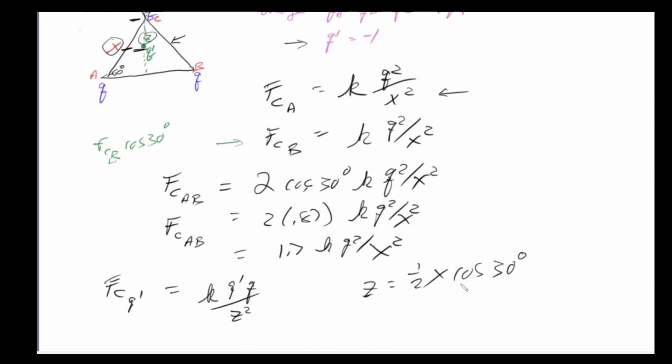So that's equal to 1/2 X times 0.87, or 0.44 X. So now we know how Z relates to X.